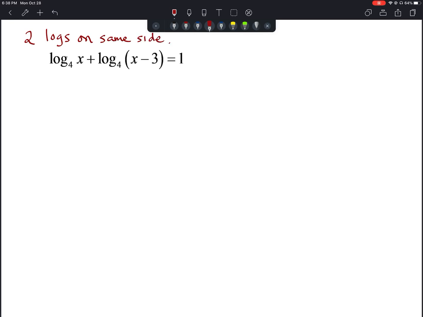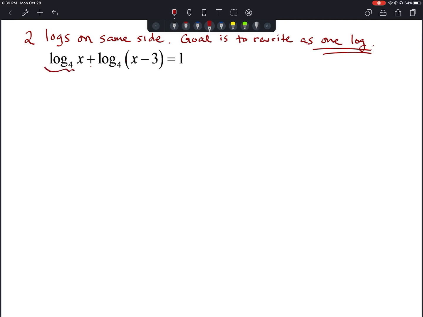Anytime we have 2 logs on the same side, our goal here is to rewrite as 1 log. So we can use our log properties here. We have log base 4 of x plus log base 4 of the quantity x minus 3 equals 1.